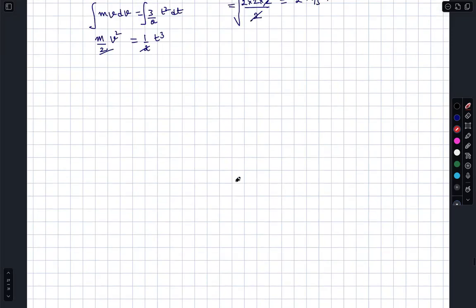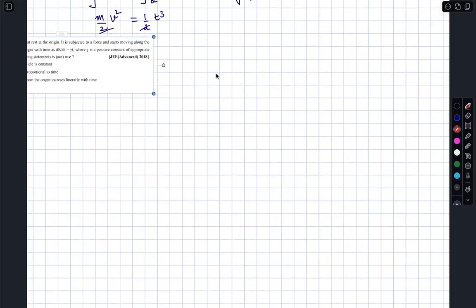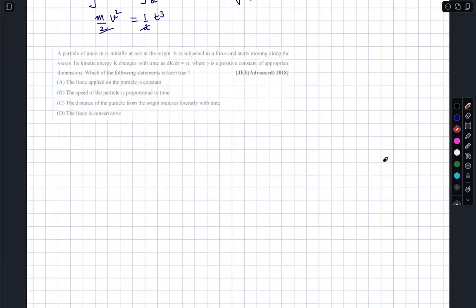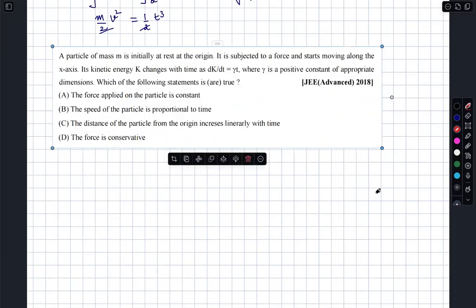So some of the questions, previous IIT questions, we'll work on this. Right? Everyone try this.